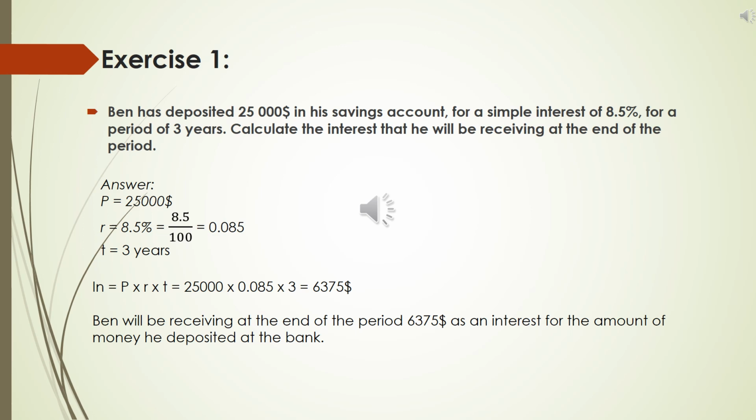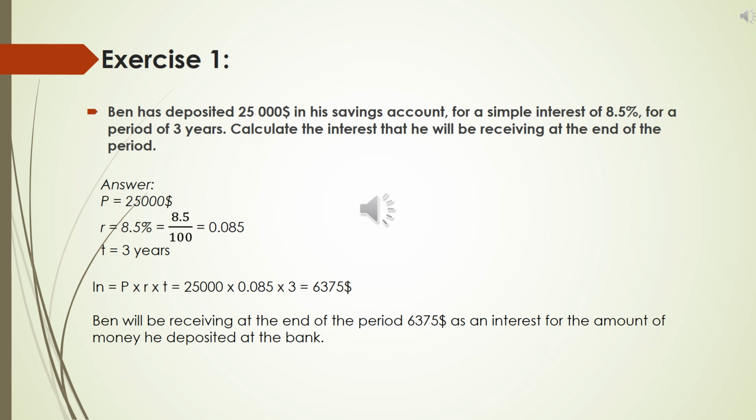We may have the period in days, in months, in semesters, in trimesters. In this case, we have to convert the period to be in the same period as the interest rate, or we have to convert the interest rate to be in the same period as T.